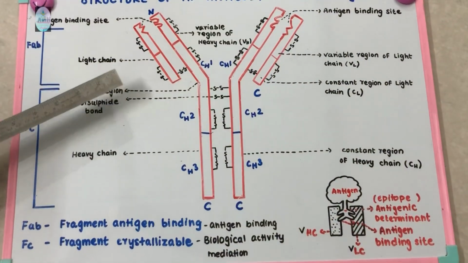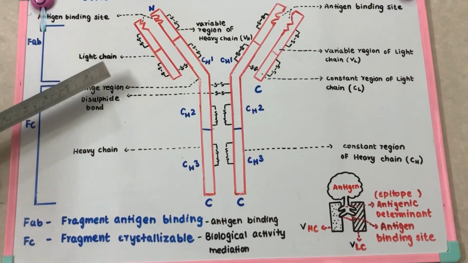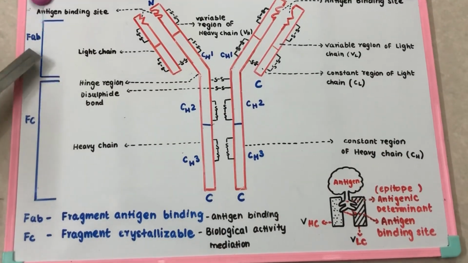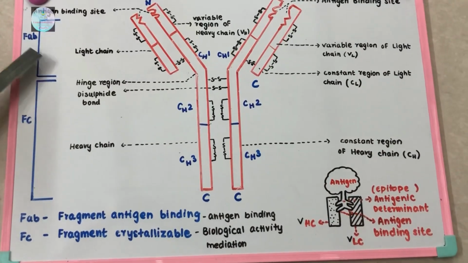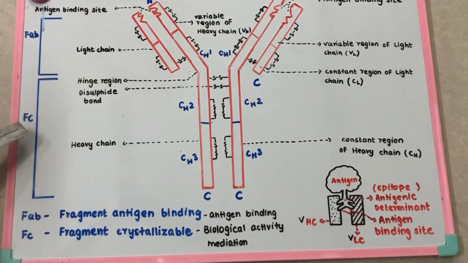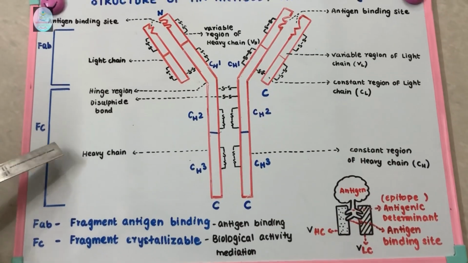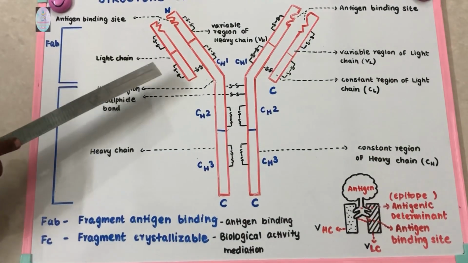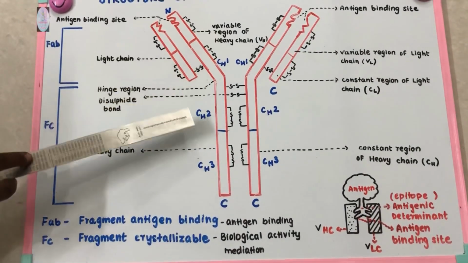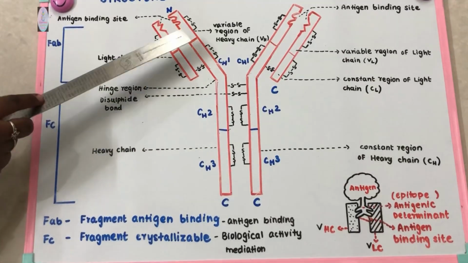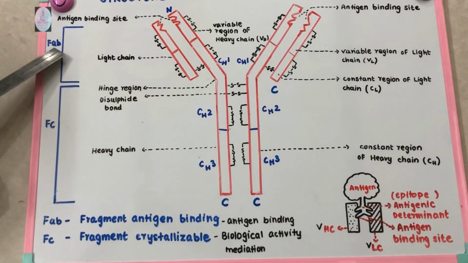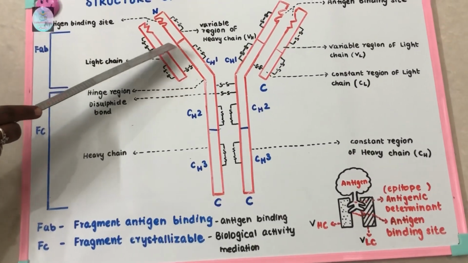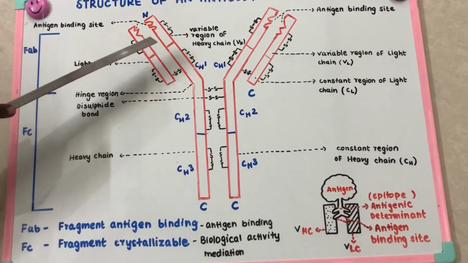Now we will discuss the fragments of antibody molecules. There are 2 fragments. One is FAB or fragment antigen binding, and the other is FC or fragment crystallizable. Now we will discuss FAB. There are 2 identical fragments of the Y-shaped antibody molecule which possess antigen binding sites. As the name suggests, antigen binding sites are present in these fragments, and hence we call it fragment antigen binding.